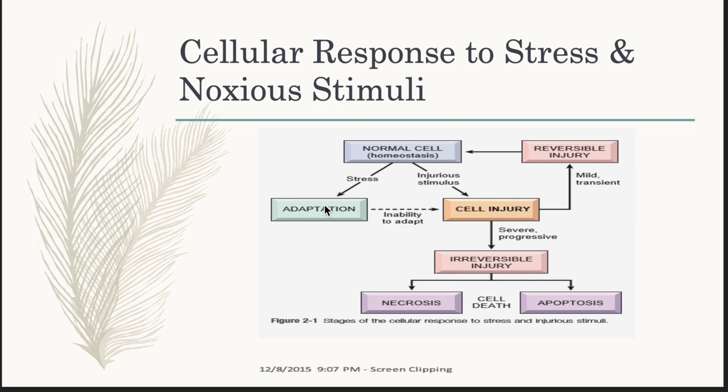So, in the cellular level, when a normal cell is exposed to stress, it can still adapt. But if it can no longer adapt, when it is too much, it will lead to cell injury.